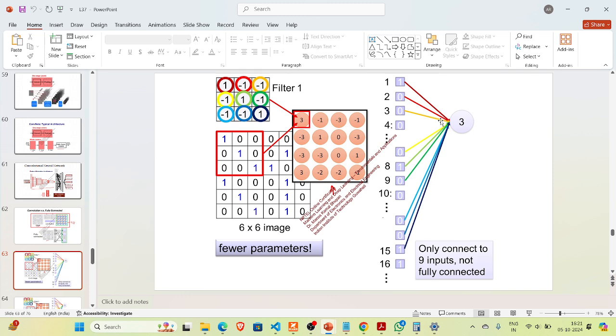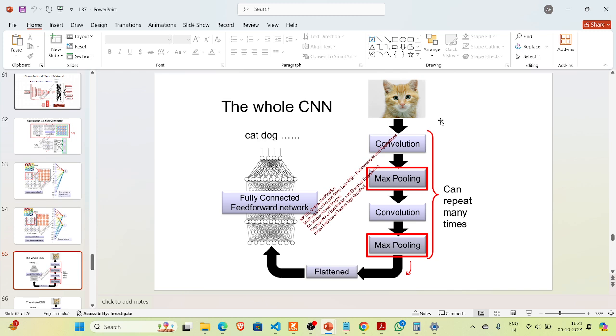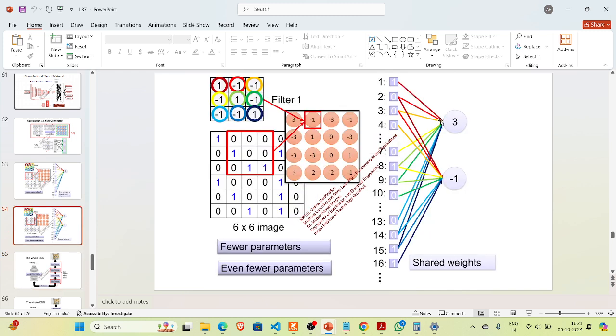So the number of weights has considerably reduced. Similarly like that, in this case we are having some shared weights. Shared weights result in even fewer weights. As you can see, both the weights are the same to calculate this convolution.